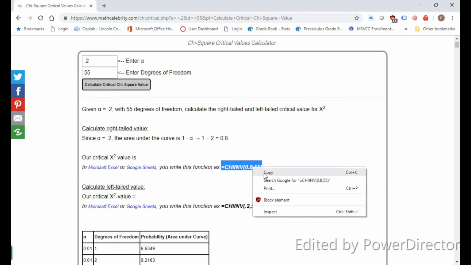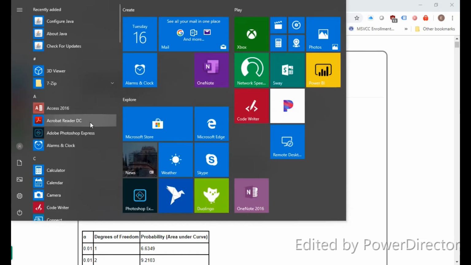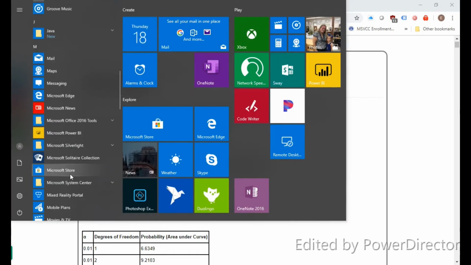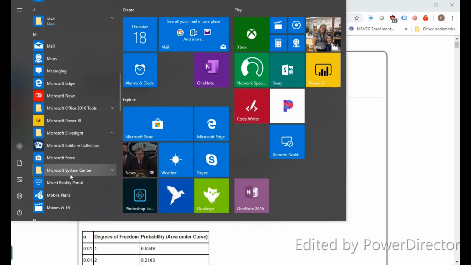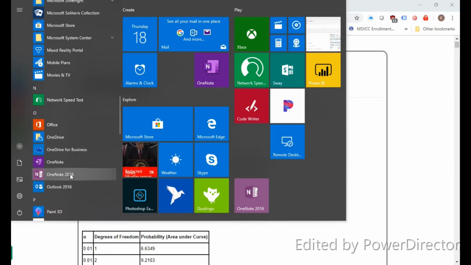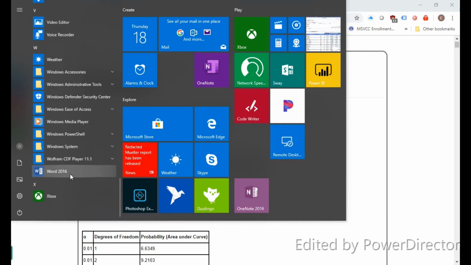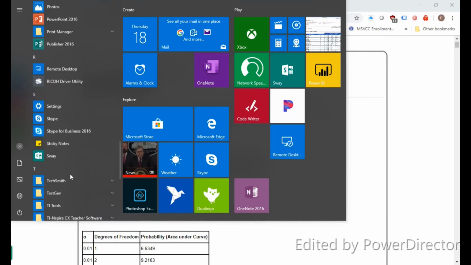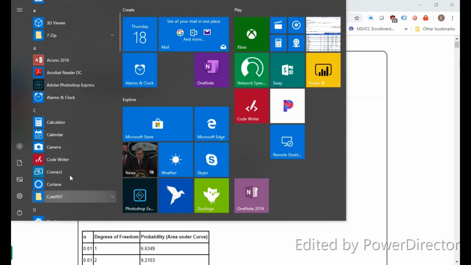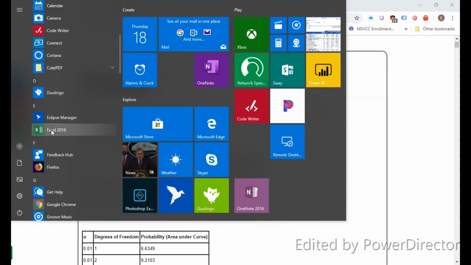But I can type this in to Office. I gotta find Excel though. It does start with an E, I guess.